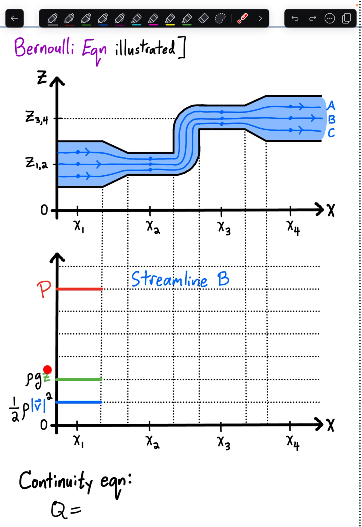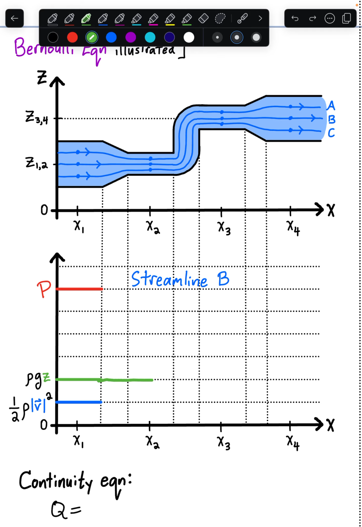So that means that the gravitational potential energy density is staying the same from x1 to x2, but then we see it increase as the pipe rises from x2 to x3, and then Z stays the same beyond that point.